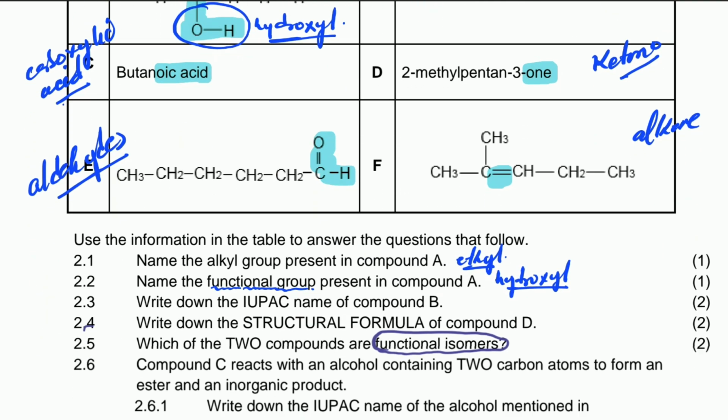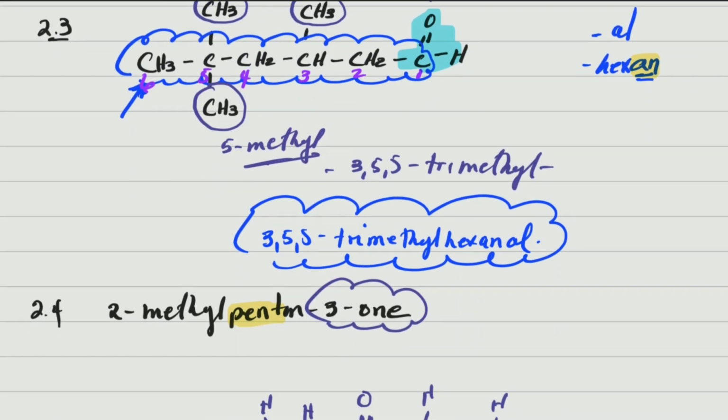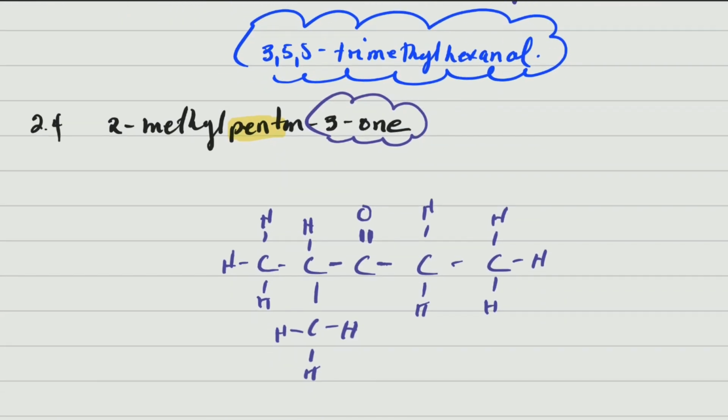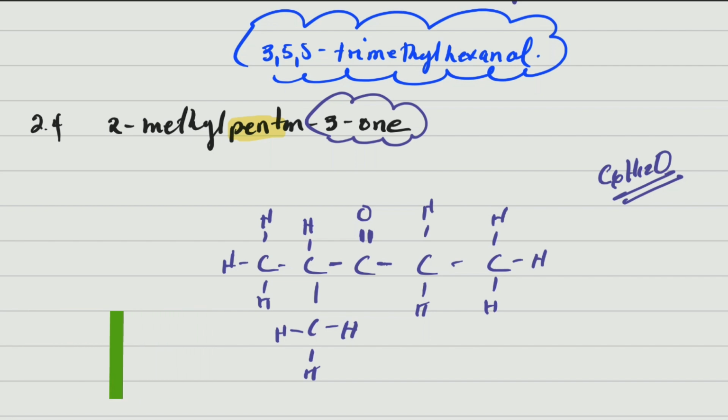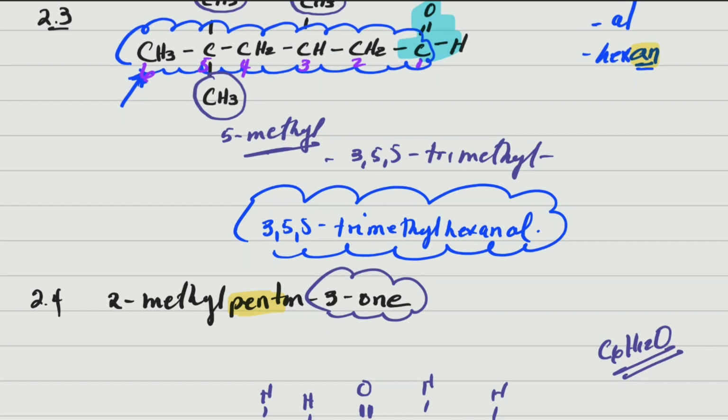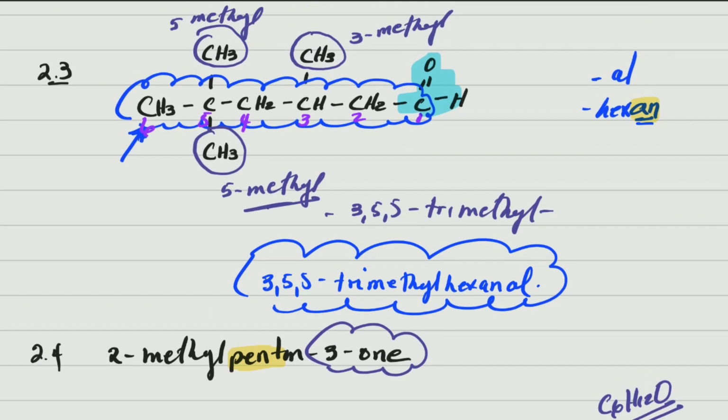Now this ketone that we just wrote the structural formula for, we have a ketone that has 6 carbons, 12 hydrogens, and 1 oxygen. So we are looking for an aldehyde that has also 6 carbons, and obviously will have 12 hydrogens and 1 oxygen. This one here that we wrote the name for, if we count, we have 1, 2, 3, 4, 5, 6, 7, 8, 9 carbons. So it cannot be this compound.